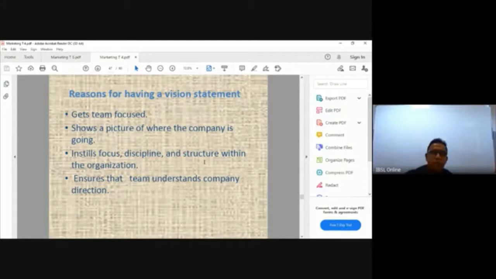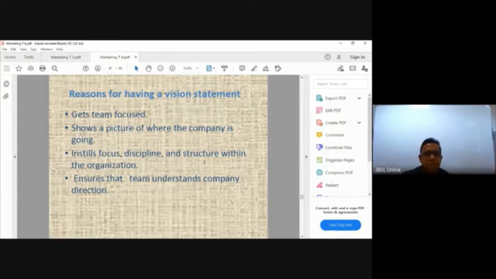Everyone in the company understands where this company wants to be in the future, right? So it's very clear to everyone that as a team, they all understand the broader direction of the company. We will have some examples of vision of the banks, and then we'll be more clear on these statements.